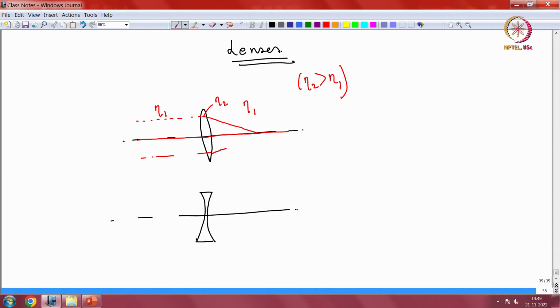Similarly for the light at the bottom, and both of them are shifted just so that they end up passing through a focused point, right. So this is your focus. So the converging lens, as the name suggests, converges the light, right. That's why the name. So this is your converging lens.